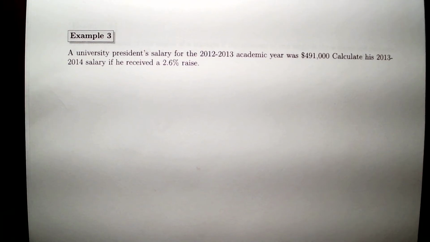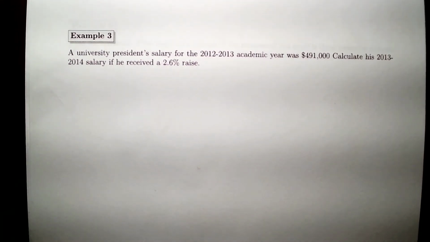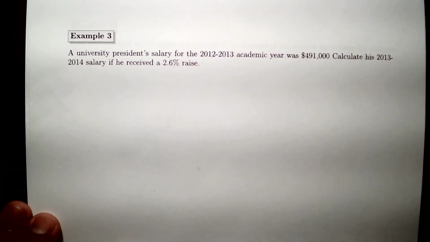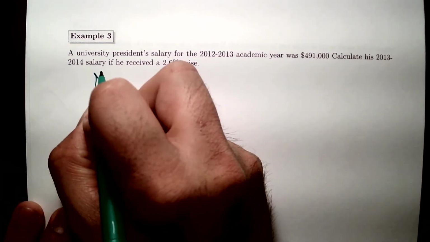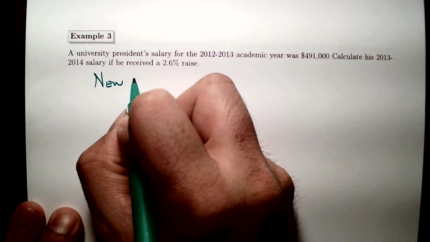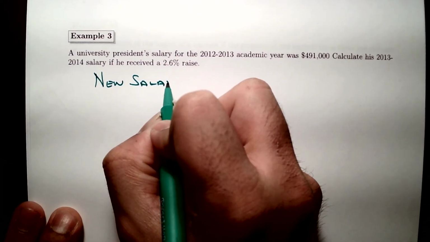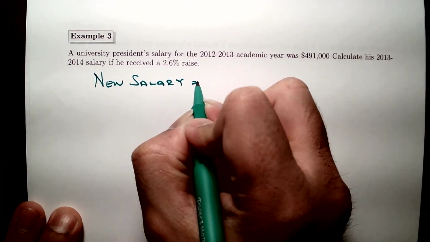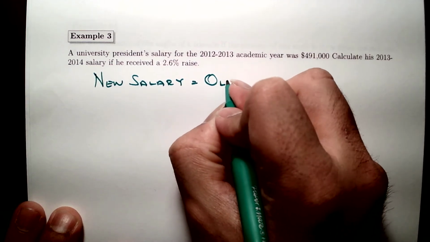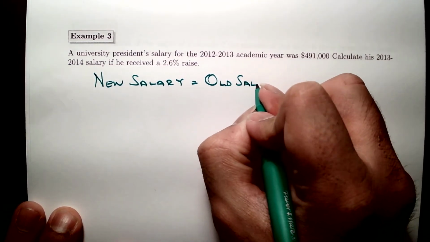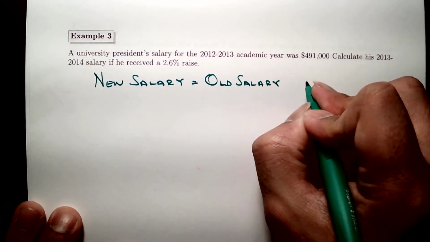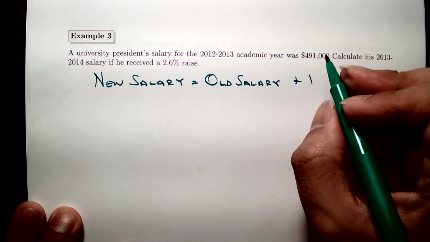Before crunching numbers, first of all, we are going to write this equation in words. So what do we have? That the new salary equals the old salary plus raise.